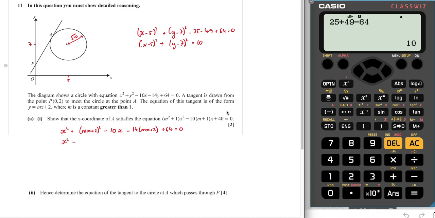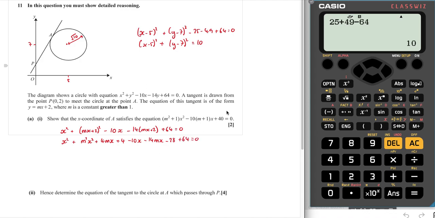X squared plus m squared x squared plus 4mx, yeah, that's right, plus 4 minus 10x minus 14mx minus 28 plus 64 is 0. Let's tidy this up a bit.